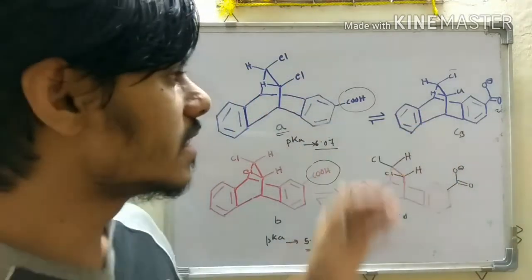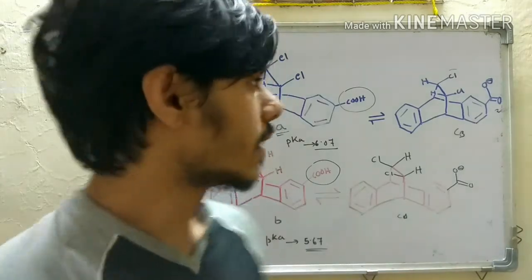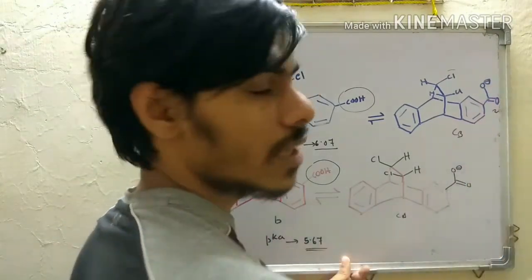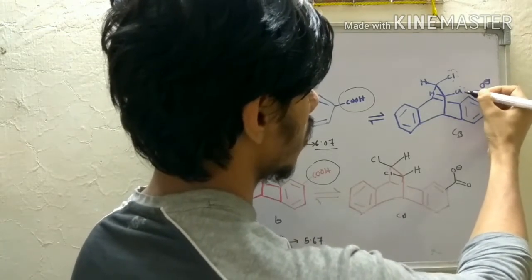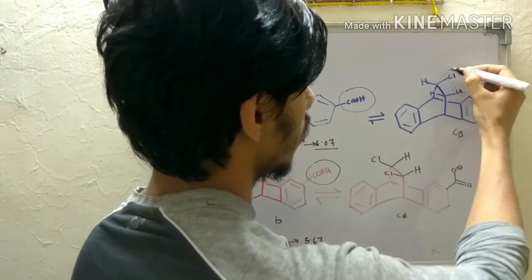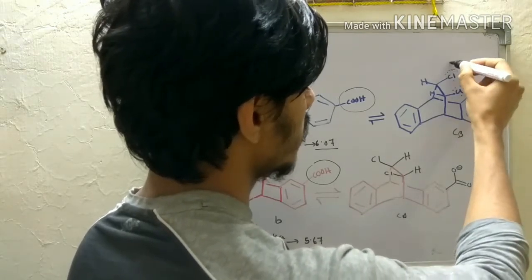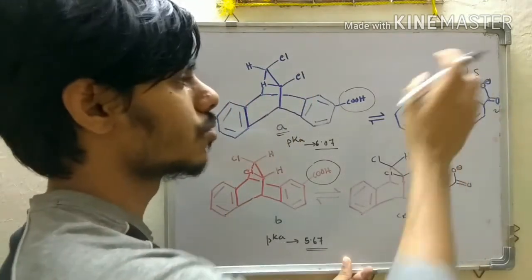But in this case the effect is not through bond, it is through space. Due to the negative charge on this carboxylate anion, and also the lone pairs on these chlorine atoms, they are both negatively polarized, and that's why in this particular case there will be a Coulombic repulsion between these two groups.